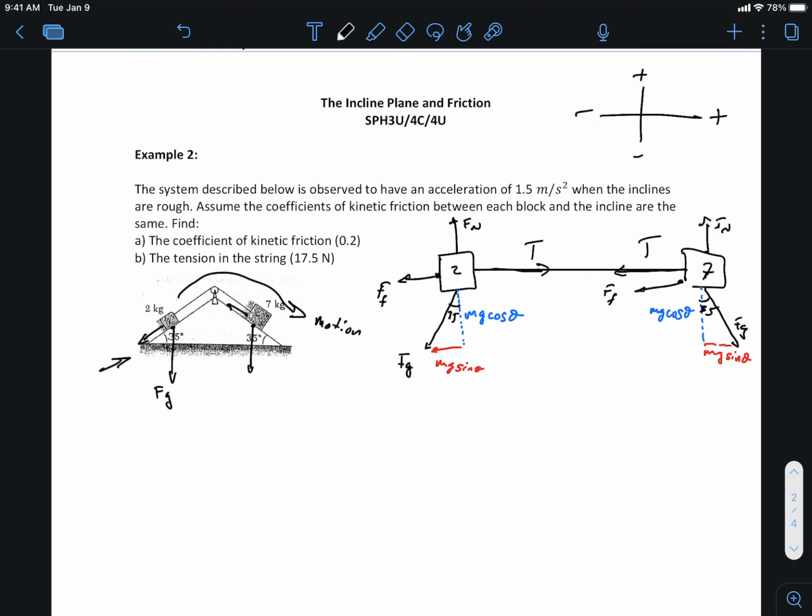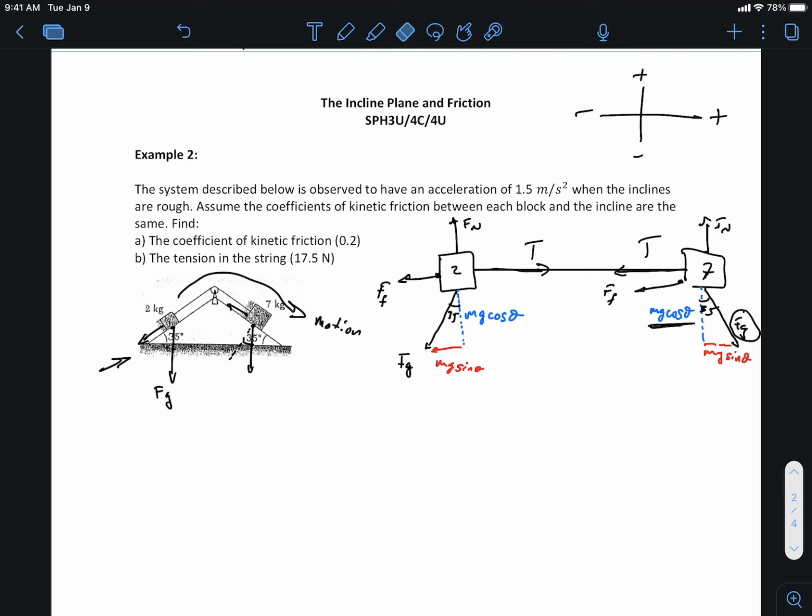The angle between FG and its vertical component can't change. It has to be 35. So now we just go ahead with our solving, except this time is a little bit more complicated. I think the physics is almost done. We're just going to set up our forces and how they're acting.